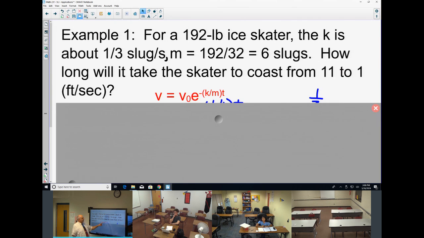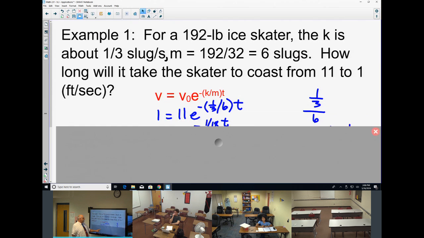So the initial velocity is 11 and the current velocity is 1. We plug in a 1 here and 11 here, and then we have e to the negative k, which is 1/3 slugs, divided by the mass, 6 slugs, so 1/3 divided by 6, and then times t.